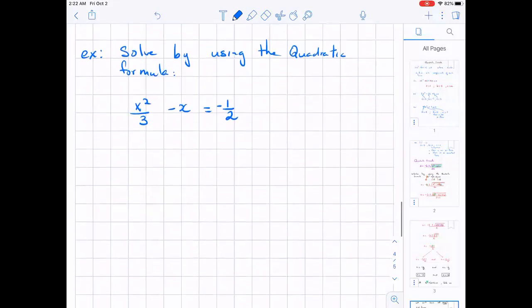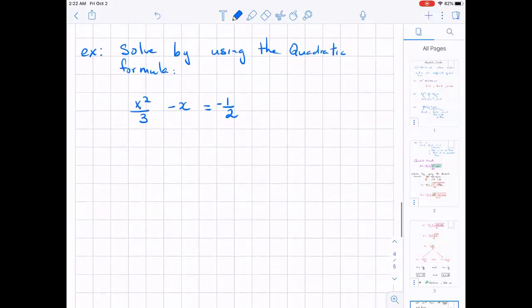Now this looks kind of complicated, but notice that since this is x squared, more than likely this is quadratic. The highest power is 2. So let's see if we can make this look a little bit better. Let's get rid of the denominators first.